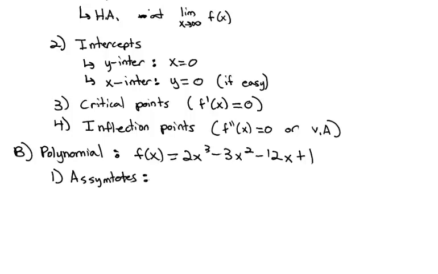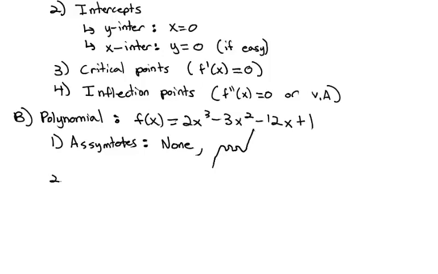Well, since there's not any fractions, there really are no asymptotes. But rather, let's take a look at the shape of this graph. This is an x cubed graph. It's a positive x cubed graph, so we should know it comes in from the bottom. It might wiggle around, and then it's going to go out the top. So we at least know if there's no asymptotes, the shape of the graph should look something like this.